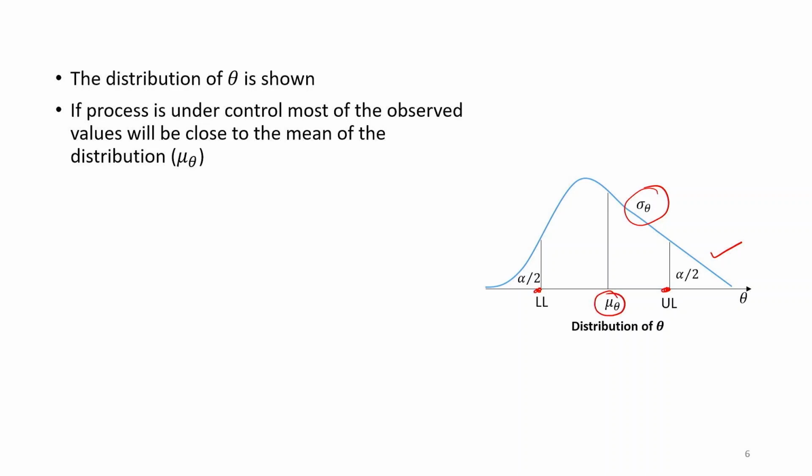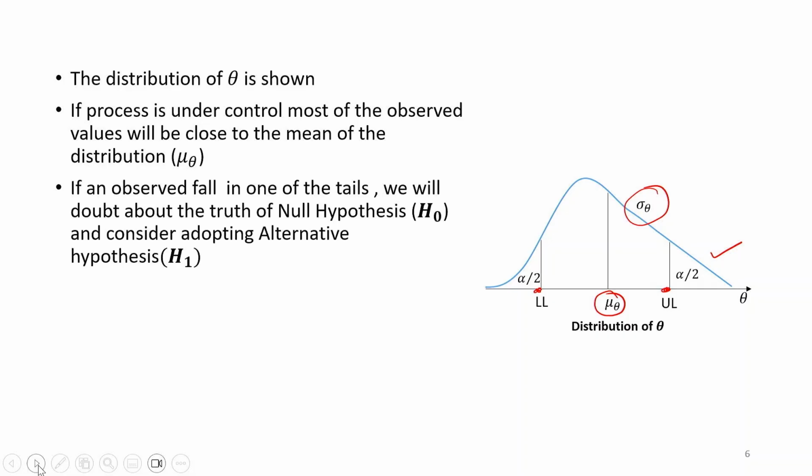If the process is under control, most of the observed values will be close to the mean. And most of the data points, if we keep collecting data of theta, we'll find most of them falling here only, in this region, from here to there, with different relative frequencies. If an observed data falls in one of the tails, there are two tails.